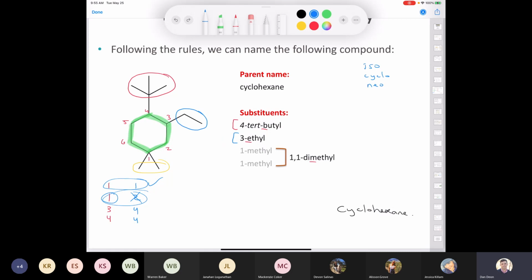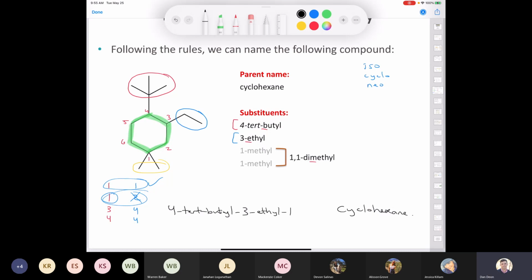So if I put all this together, I've got 4-tert-butyl, 3-ethyl. I do know the alphabet. Sorry, I'm thinking about too many things at once here.